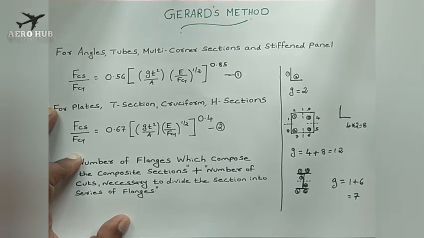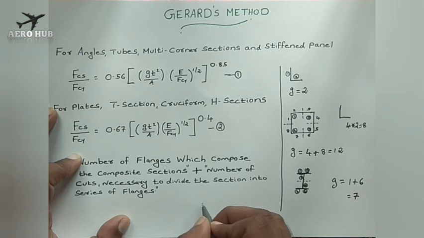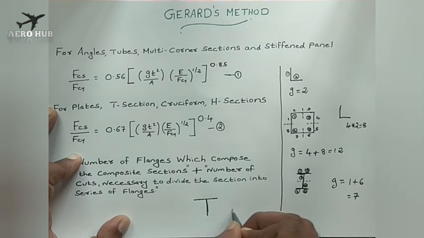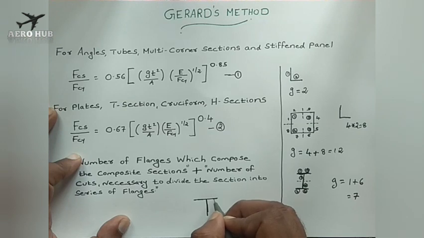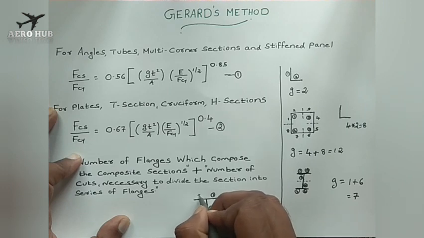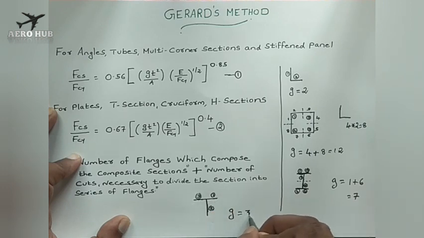For this type of section, for example a T section, we are not making any cut, we only have the number of flanges. This is flange number 1, flange number 2, and flange number 3, so G will be 3.